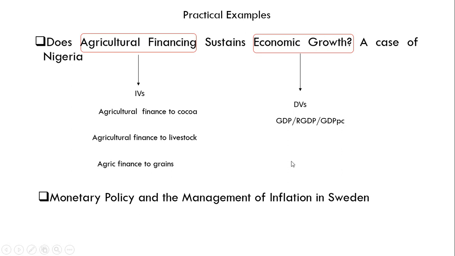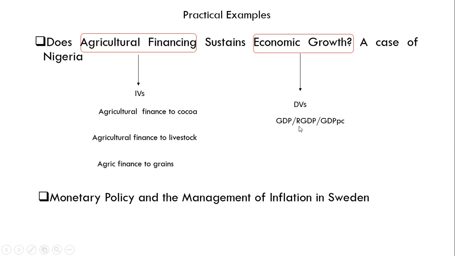Likewise, when you talk about economic growth, it can take quite a number of measurements depending on what you intend to achieve in your study. The GDP, the gross domestic product, measures the monetary value of all the goods and services produced in a country in a particular year.